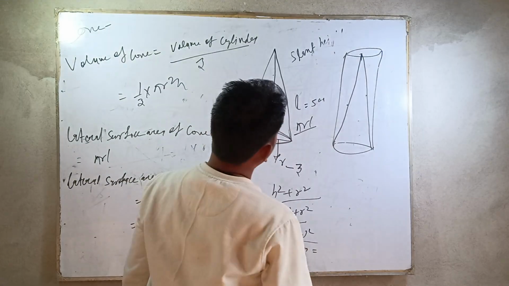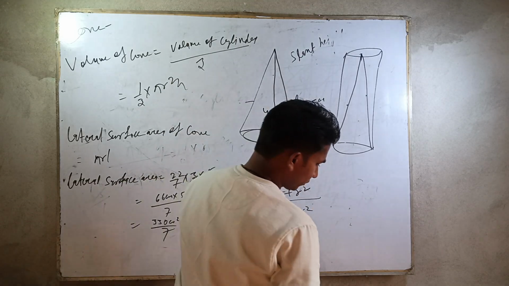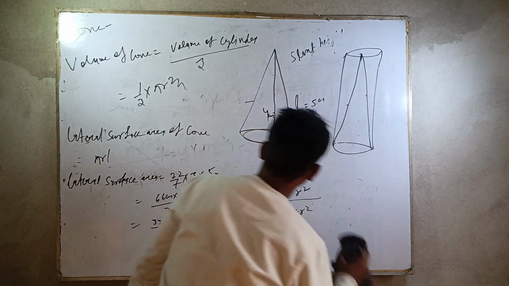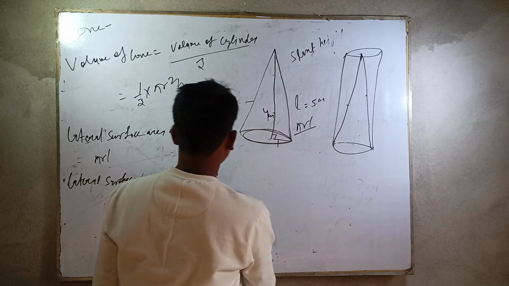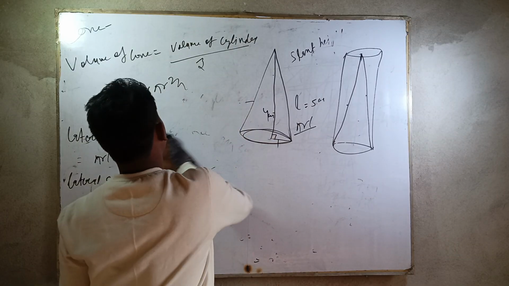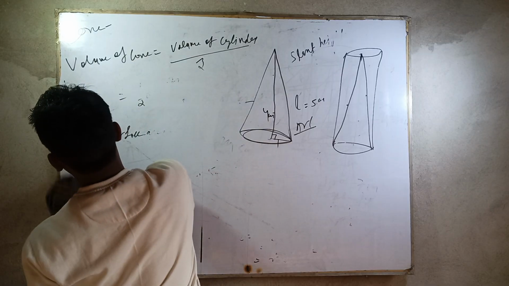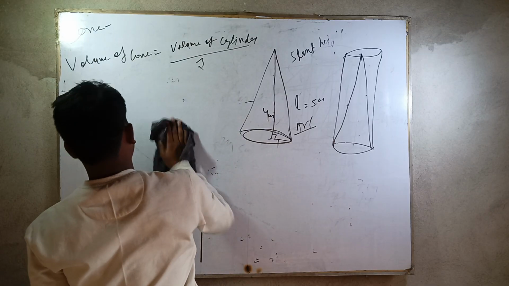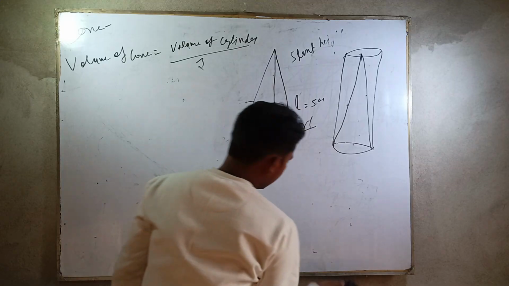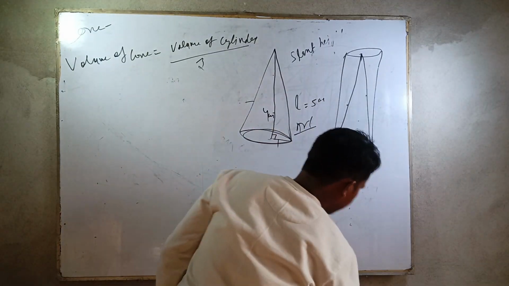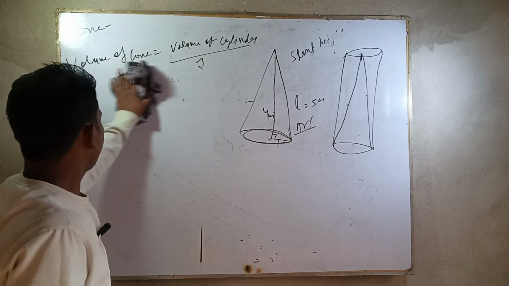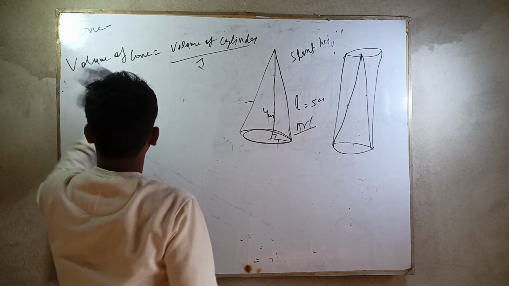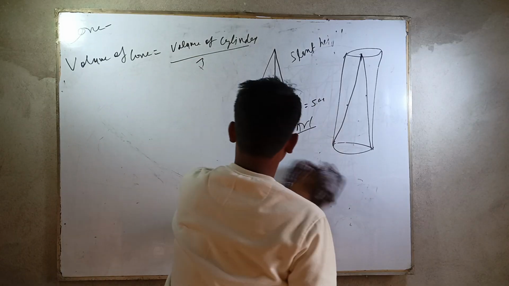So next is the total surface area. In the total surface area, the area of the circle at the base will also be included along with the lateral surface area, and then the total surface area of the cone will be found.